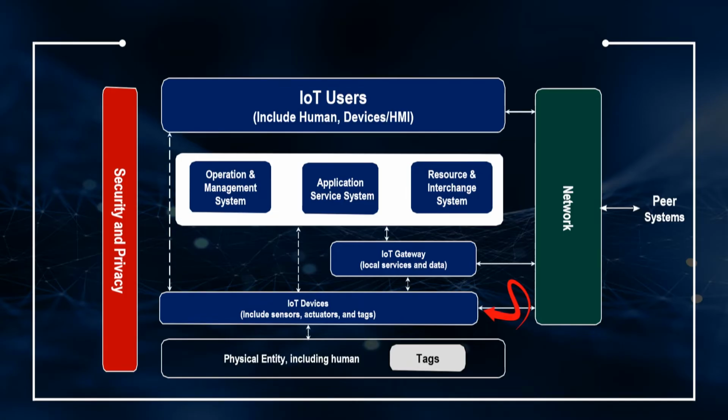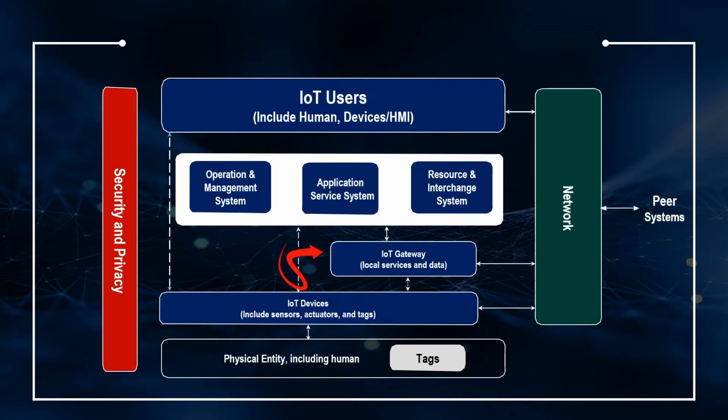All these come under the sensing layer or device layer, which senses or collects the data from anywhere, any place. Next comes the network layer. From here you can understand that the network layer helps to communicate with the other layers with the help of the IoT gateway.